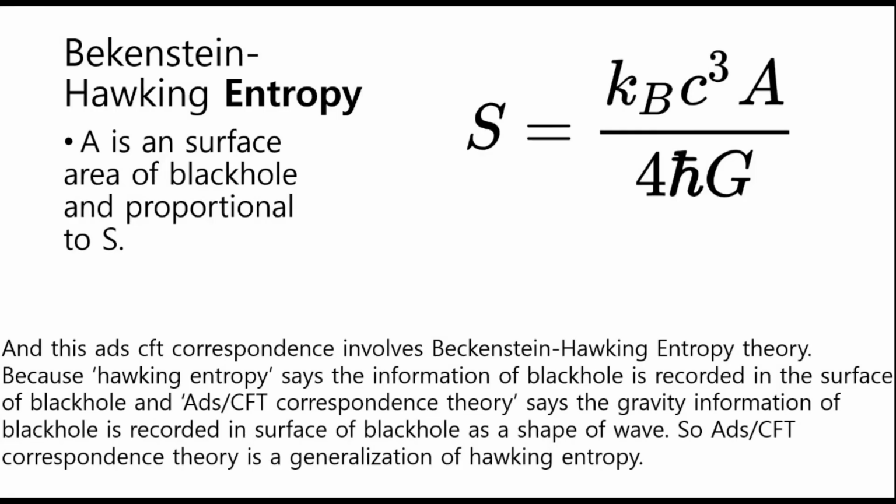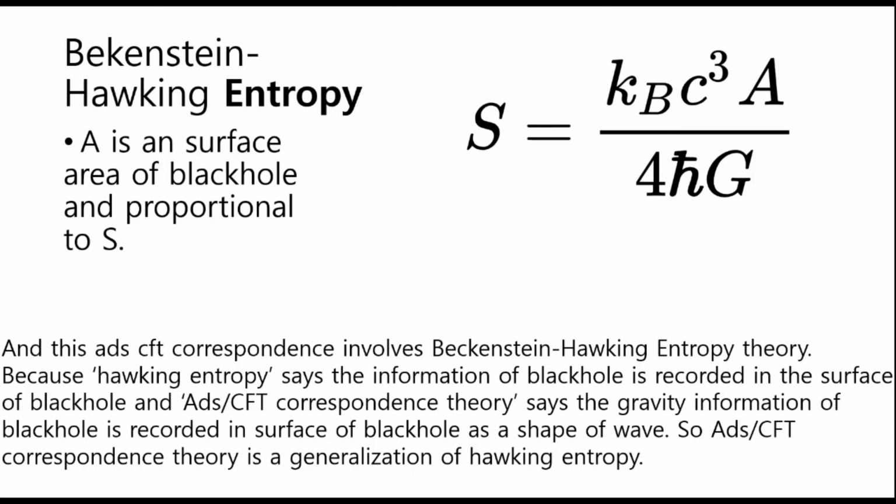And this ADS-CFT correspondence involves Bekenstein-Hawking entropy theory. Because Hawking entropy says that information of the black hole is recorded in the surface of the black hole, and ADS-CFT correspondence theory says the gravity information of the black hole is recorded in the surface of the black hole as a shape of wave. So ADS-CFT correspondence theory is a generalization of Hawking entropy.